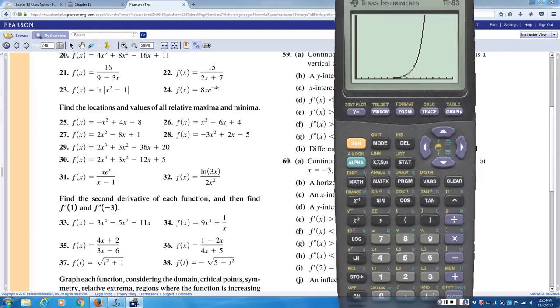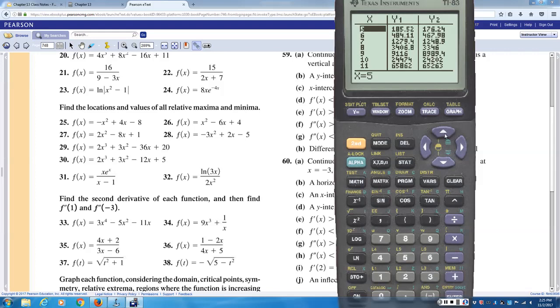Does that function have a maximum? No. Is its derivative ever going to have a 0?